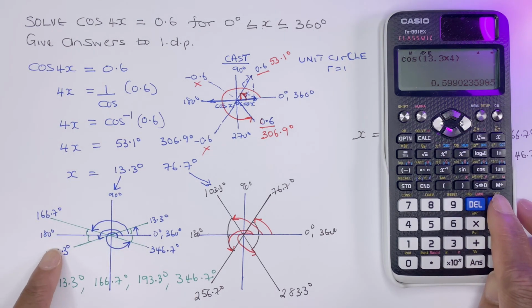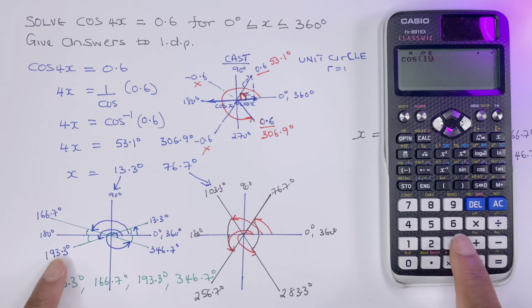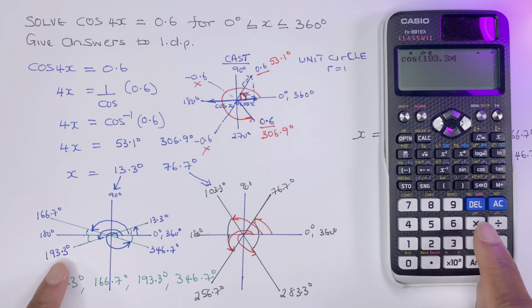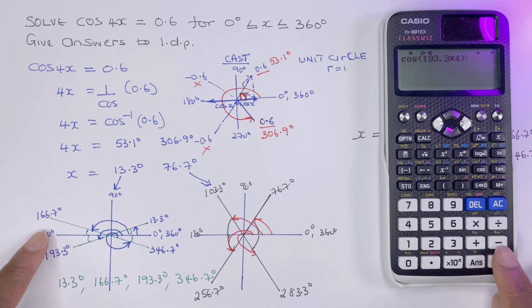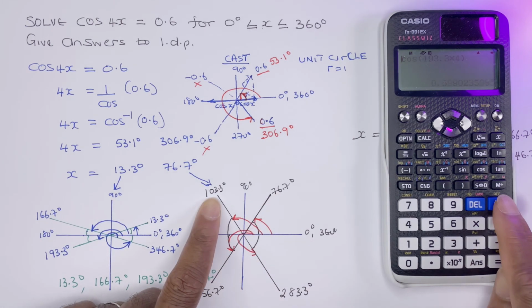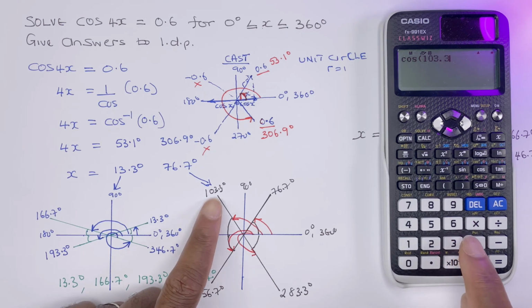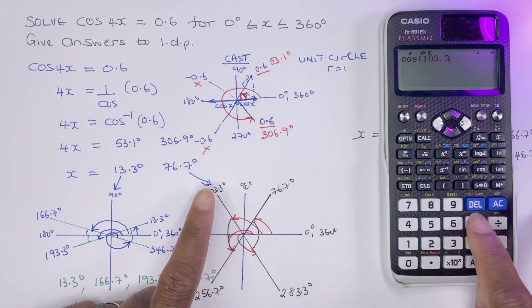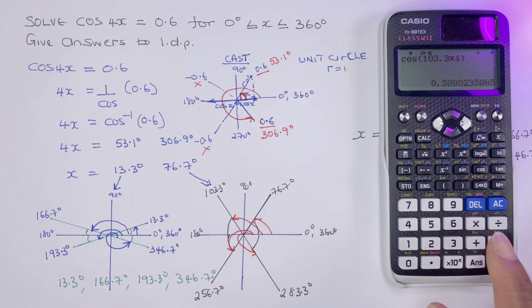Right, let's try another one, maybe 193.3. So you do cos of 193.3 times 4, because it's going to be 4x. Close bracket. Again, 0.59. Let's try 103.3. So cos of 103.3, don't forget to times it by 4. Again, 0.59.